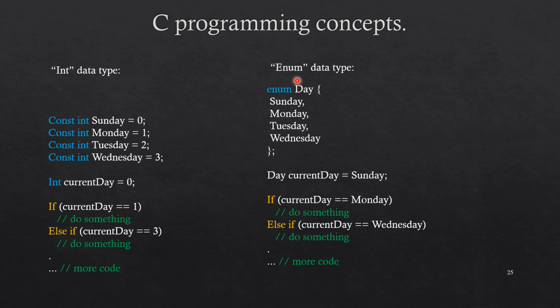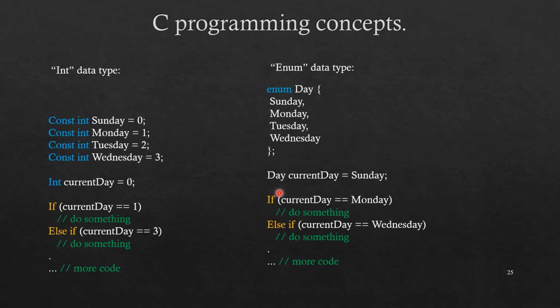Here we have called it day, and now day could be either Sunday, Monday, Tuesday, or Wednesday. They are separated by a comma. Last one doesn't need a comma, and at the end close the brace and add the semicolon. Now you have defined your own data type. So now you have integers, you have string, you have long, and you have day.